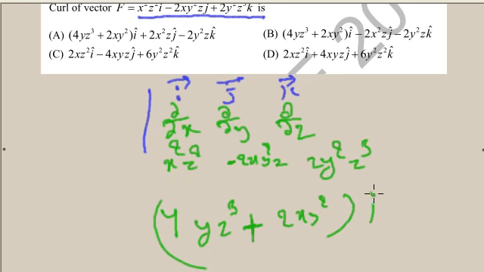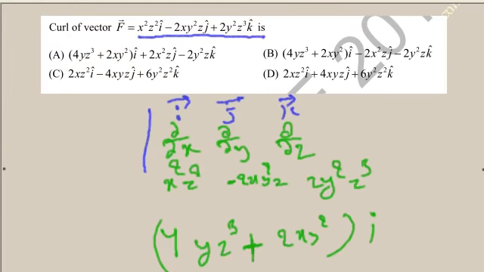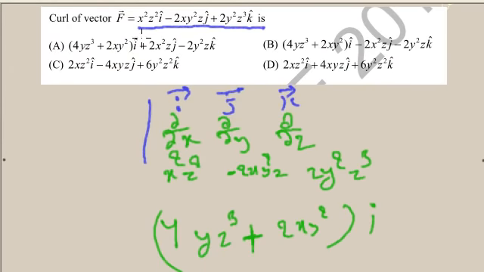This is for i: 4yz cube plus 2xy square. For j, you differentiate this with respect to z, so you will get 2x square z, and minus, if you differentiate this with respect to x, you will get 0.